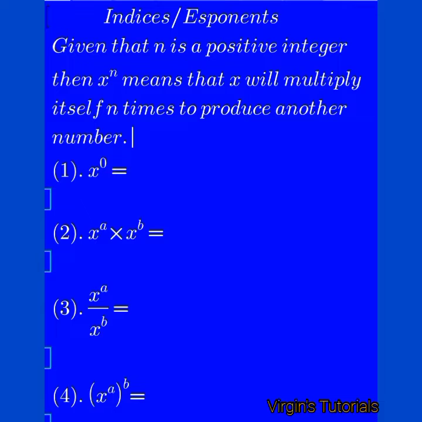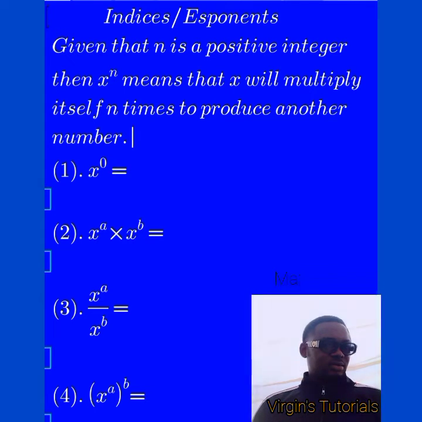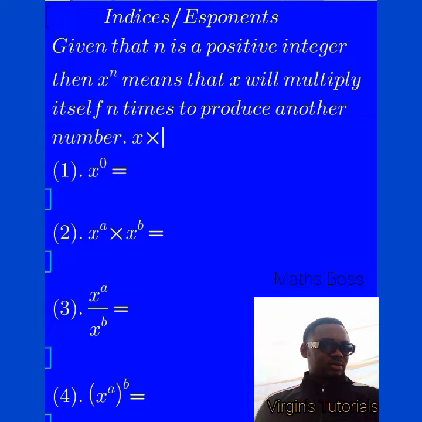In this tutorial, our topic is indices or exponents. Given that n is a positive integer, then x raised to the power n means that x will multiply itself n times to produce another number. For example, we can have x times x times x times x times x till n times.